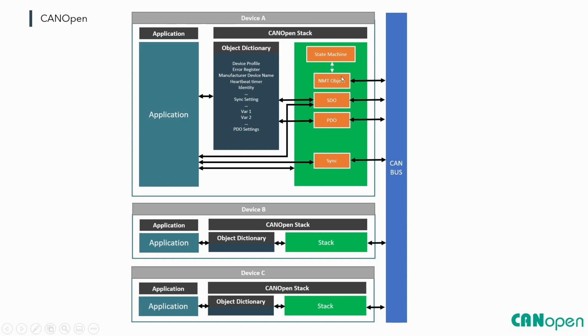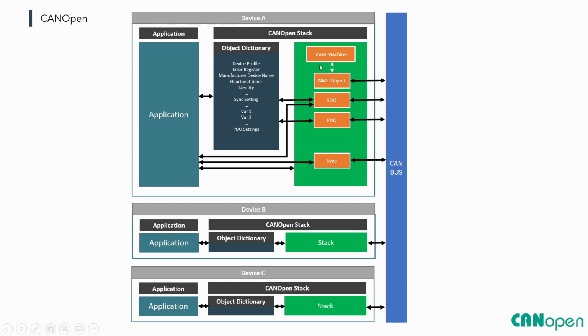We have a state machine, which takes care of the state of the device. When, for example, a device turns on, it goes to boot up mode, then startup, then initialization mode, then pre-operational, then operational, and then it can stop as well. The CANOpen stack takes care of those commands and tells the application layer which state we are in.